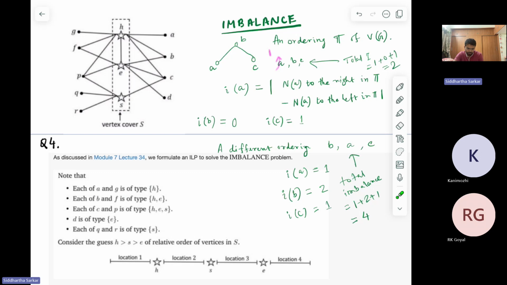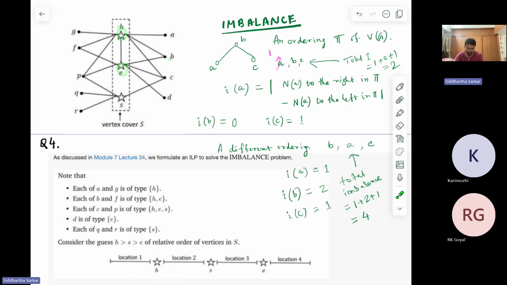Similarly, F is connected to H and E in the vertex cover.